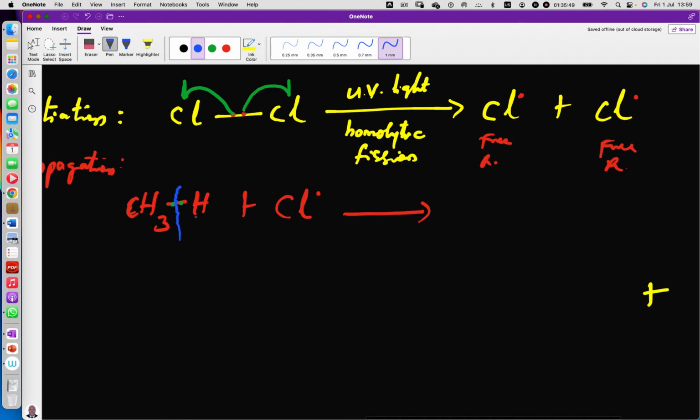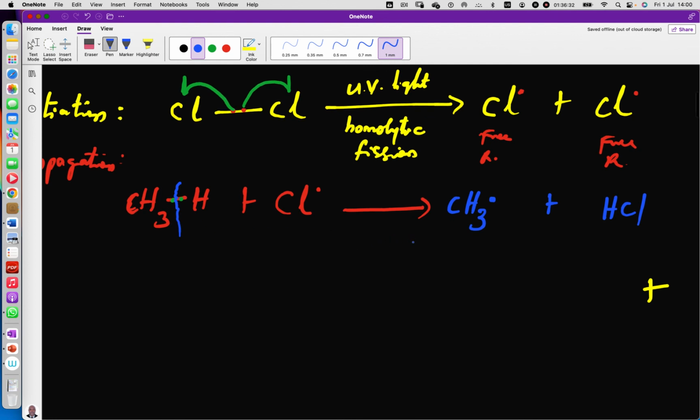Now, one of these free radicals will join with this one to form hydrogen chloride. Then the CH3 will remain as a free radical with its own one electron. So if one free radical reacts with this other one with one electron, hydrogen chloride will be formed, and then the free radical here will be formed.